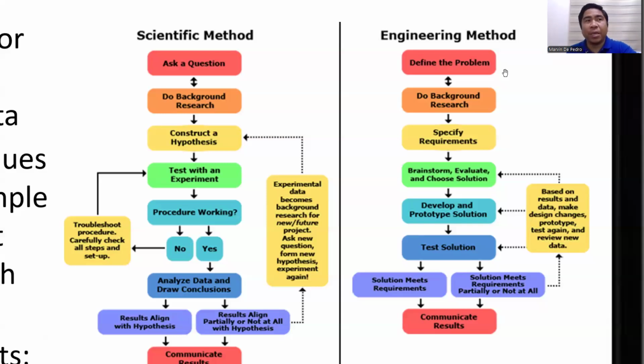So usually we talk to experts also and our stakeholders, and of course with the entire team. There are many possible solutions, but we have to analyze which one is the best, which one suits well with the given constraints, like our time, our budget, and so on. Once we have our solution, of course we don't just accept that. We have to develop the prototype for that so that we can test that solution.